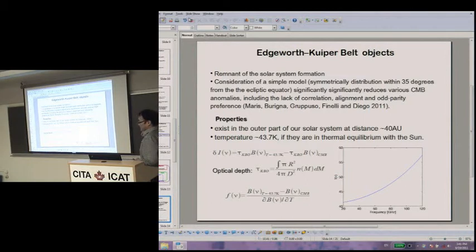I happened to notice tomorrow's colloquium here is about this type of object. It's the remnant of the solar system formation, and it exists in the outer part of our solar system at a distance of 48 AU, and its temperature will be about 44 Kelvin if it is in thermal equilibrium with the solar radiation.